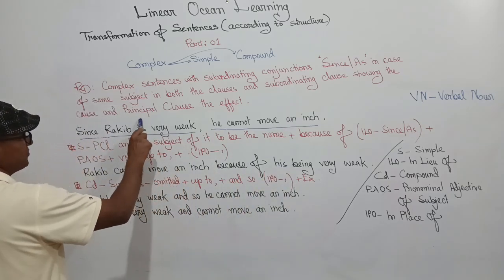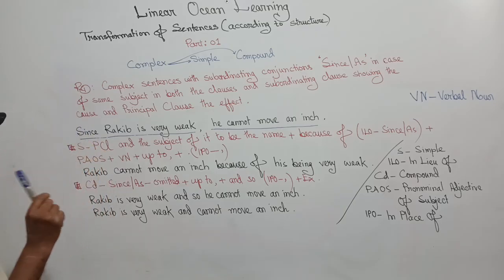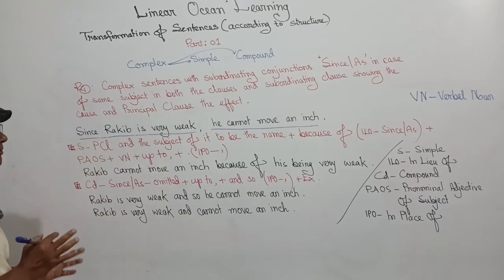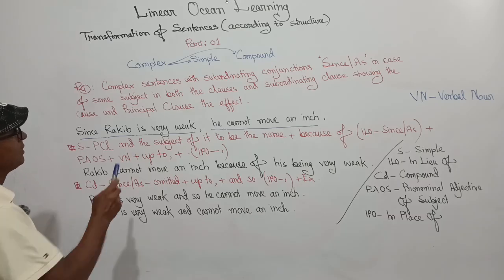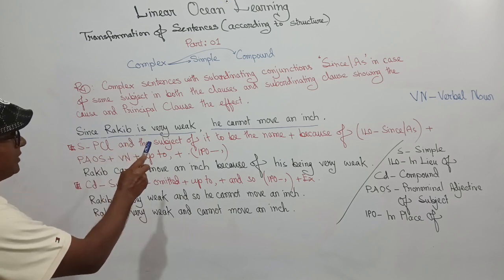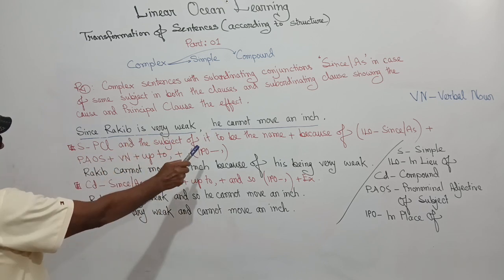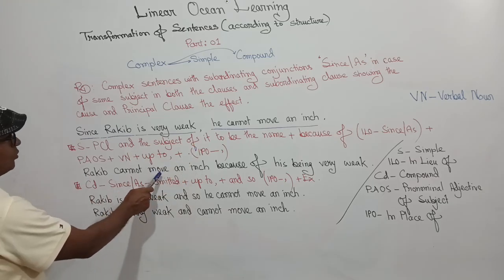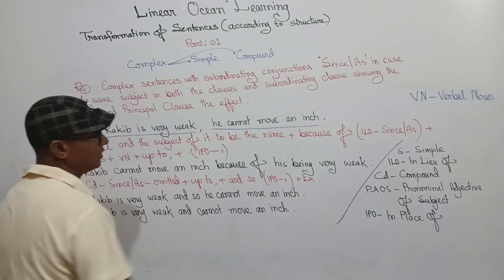The verb-ing form of is being, because the verb base of am, is, are, was, were is be, and with it it will be ing, being very weak. Since Rakib is very weak, he cannot move an inch. If we follow the structure, Rakib cannot move an inch because of his being very weak.